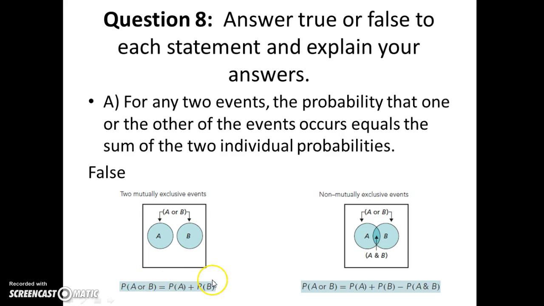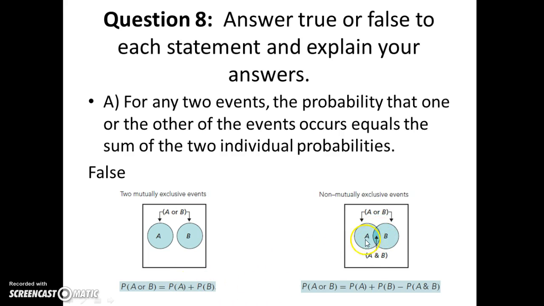Yes, this is true, but only if the events are mutually exclusive, which means that they don't have anything in common. But sometimes we have events that are not mutually exclusive, which means that the 2 events have common outcomes. If the events have common outcomes, we cannot use this. Why?